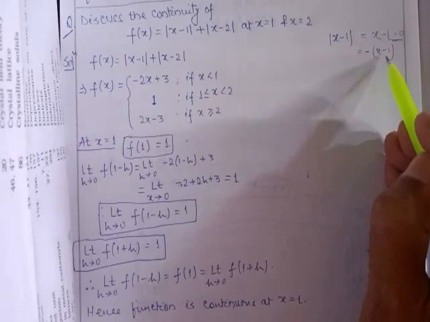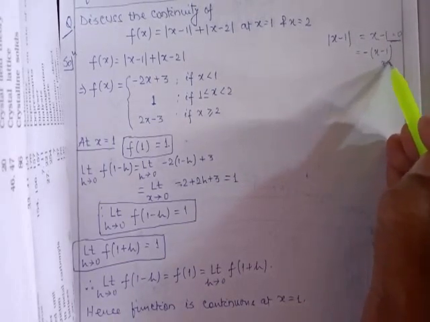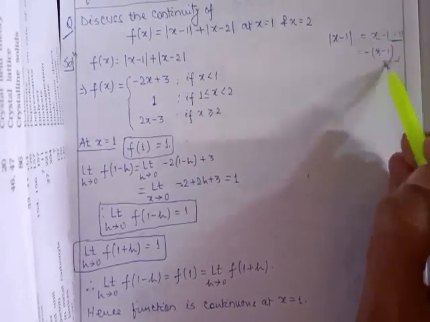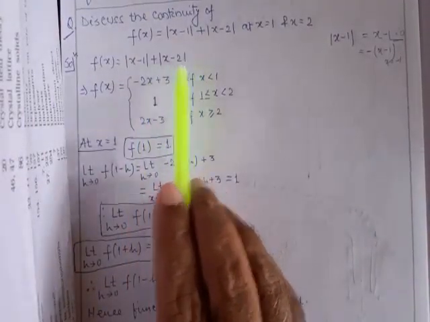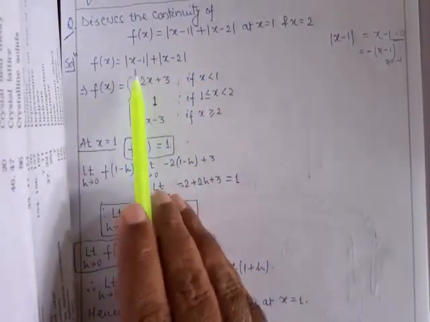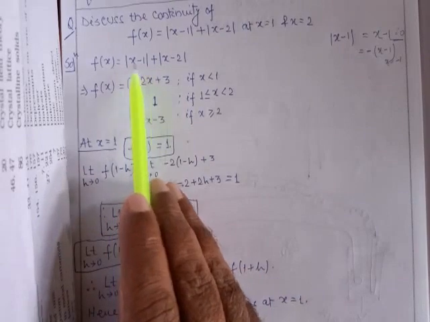So this question can be written as, first case, consider when x − 1 is less than 0. Obviously x − 2 is also less than 0.